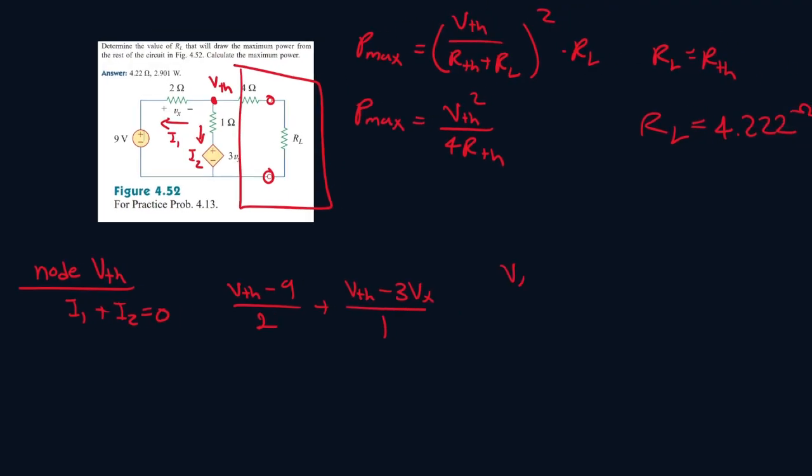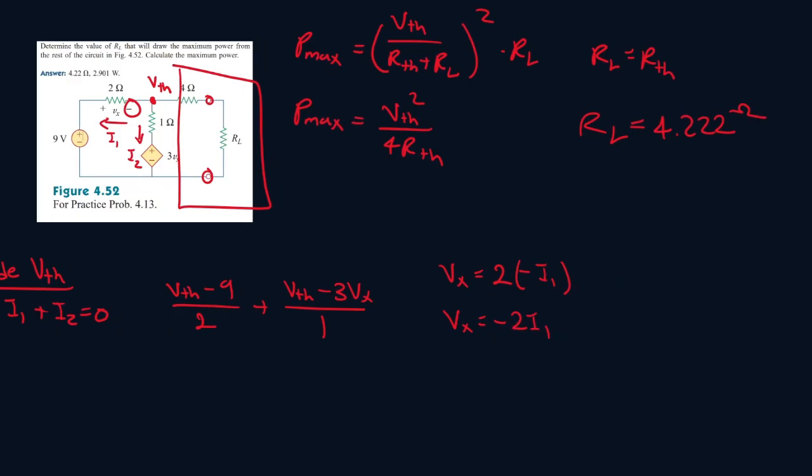Now, Vx is equal to 2 ohms times the current passing through it, which is I1, but since it's entering the negative terminal first, it's minus I1. So Vx equals minus 2I1. And I1 is equal to this thing. So it'll be VTH minus 2, and all of that, this and this cancel out. And then the minus 1 we distribute inside, so it'll be 9 minus VTH.